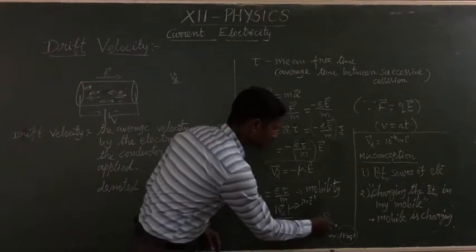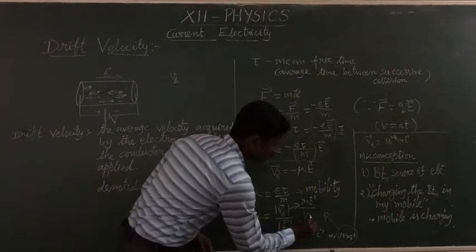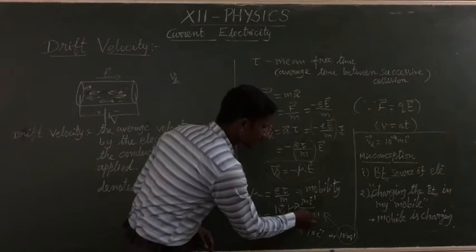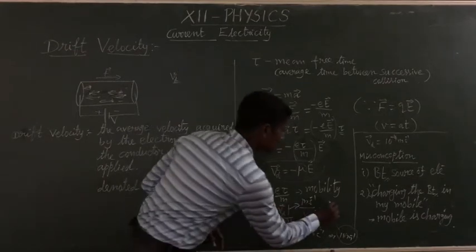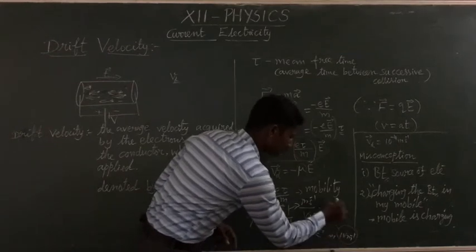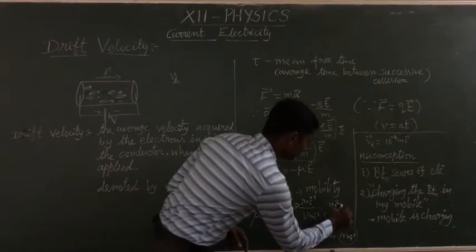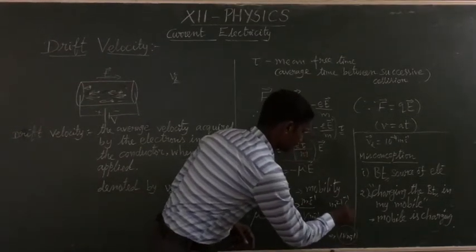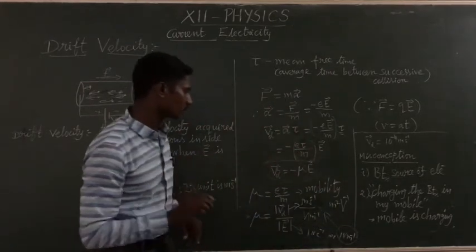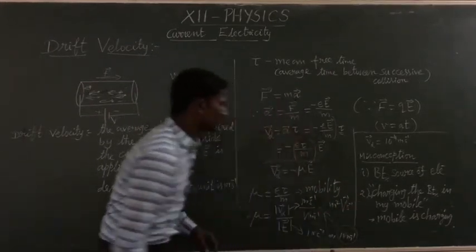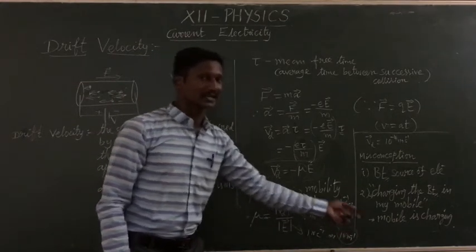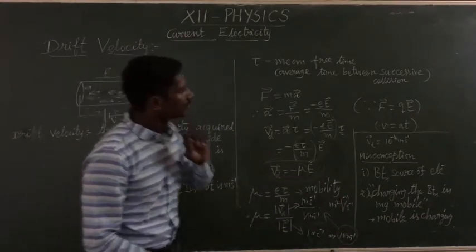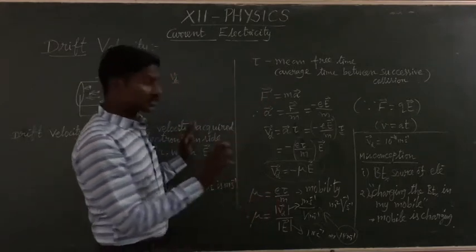So in the denominator, meter power minus 1. So it becomes meter power 2, volt power minus 1, then second power minus 1. So the unit of mobility is meter square per volt per second. Okay, that is over.